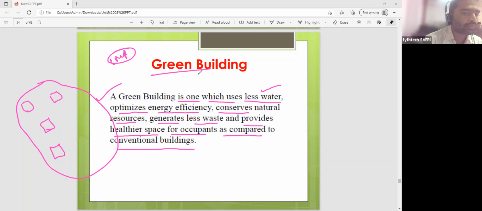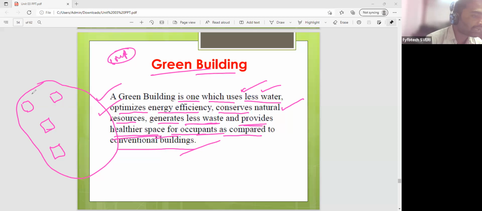Green building provides: option A, uses less water; uses optimum energy efficiency; conserves natural resources; option D, all. All is the option. Then you should know it generates less waste and provides a healthier space for occupants as compared to the conventional building.